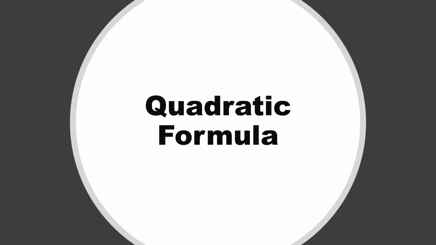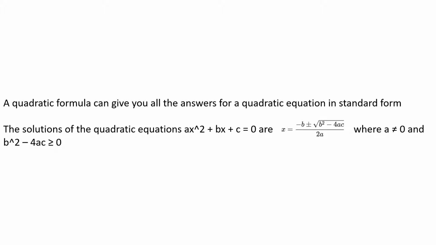Our last method for today is gonna be the quadratic formula. The quadratic formula can give you all the answers for a quadratic equation in standard form. The solution of the quadratic equation ax squared plus bx plus c equals 0 is x equals -b plus or minus the square root of b squared minus 4ac, over 2a, where a doesn't equal 0 and b squared minus 4ac is greater than or equal to 0.